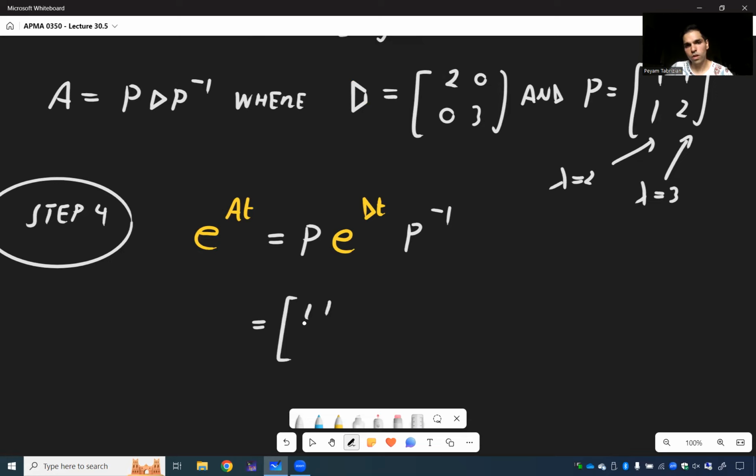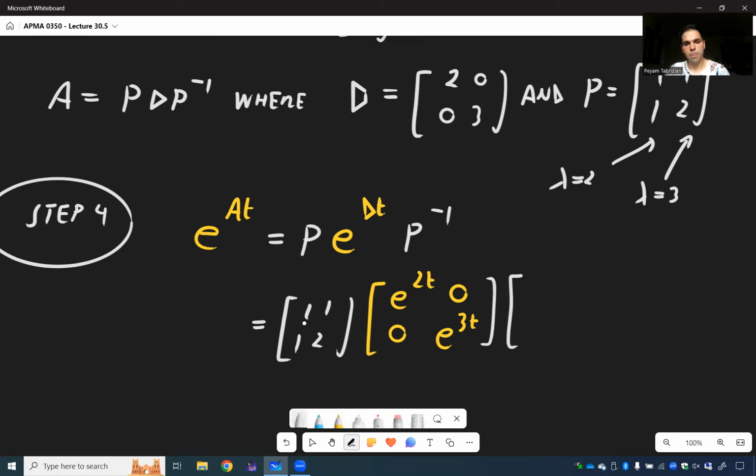So [1, 1; 1, 2], and then that's another fact that we covered, e to the 2t, 0, 0, e to the 3t, and then [1, 1; 1, 2] inverse. Remember how to calculate that inverse.